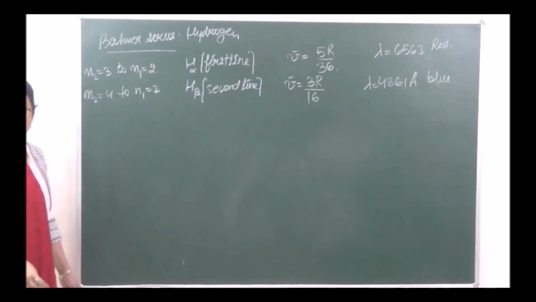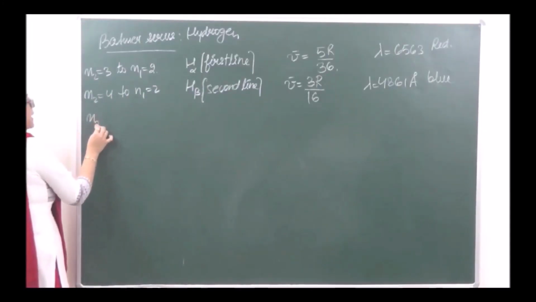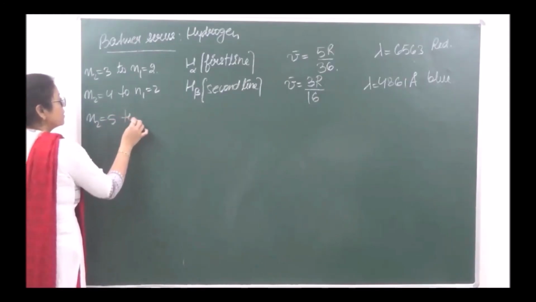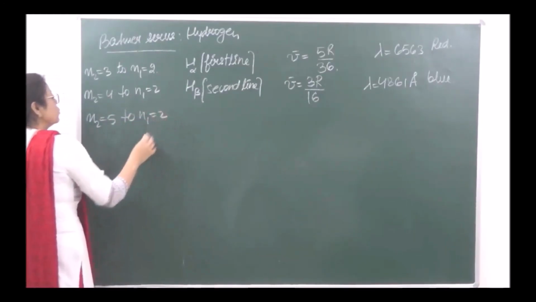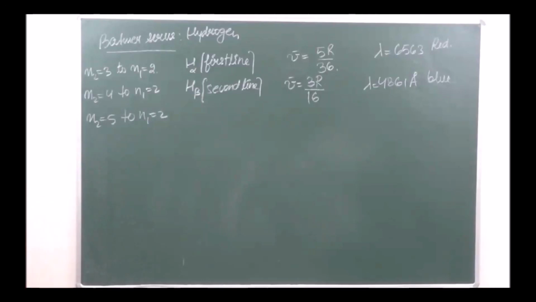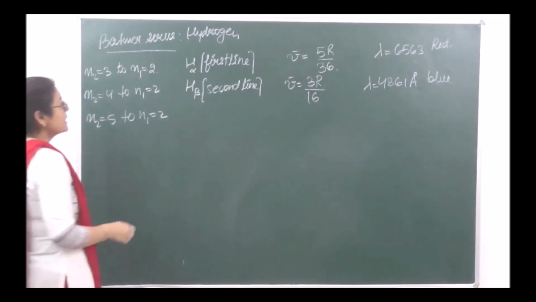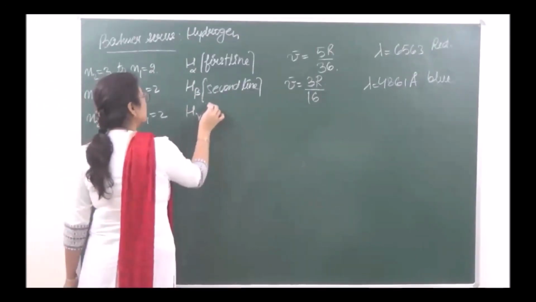Okay? Then the third transition is from N2 equal to 5 to N1 equal to 2, and this is known as H gamma.